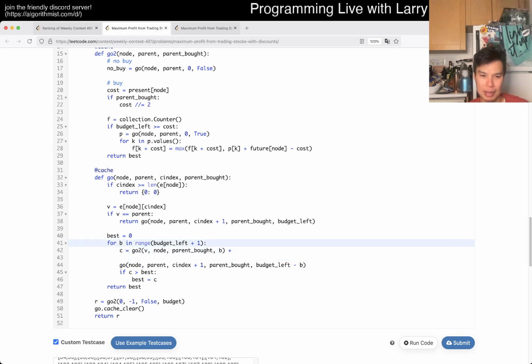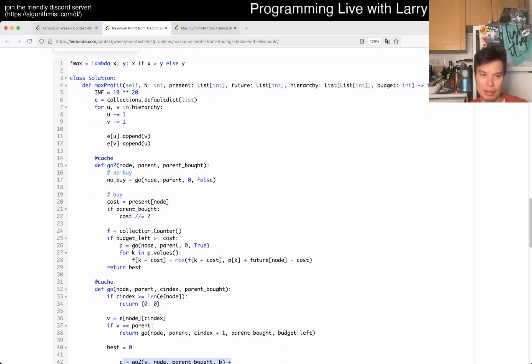Budget left doesn't even make sense. I don't even know if this is true. We don't need it. But then this thing is going to be big, so it's still going to be a loop. I think I'm being dumb.